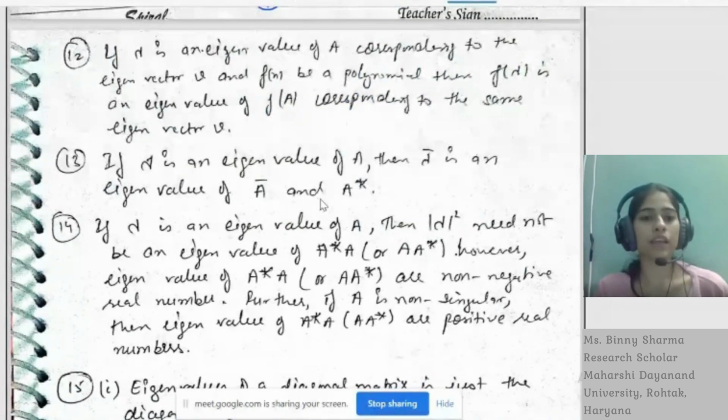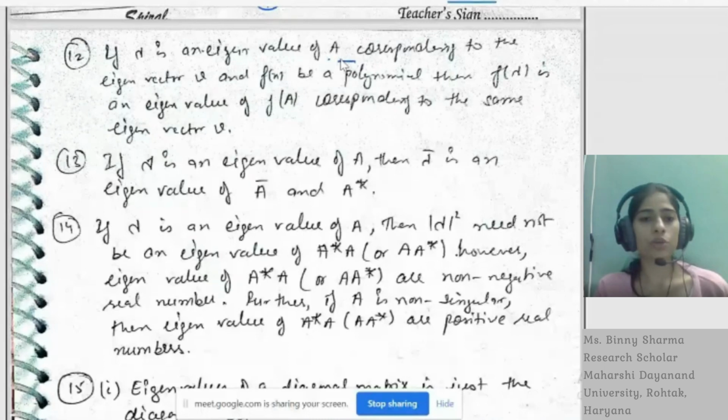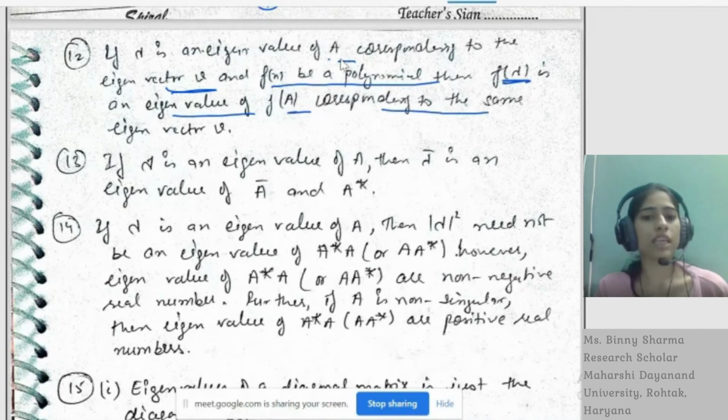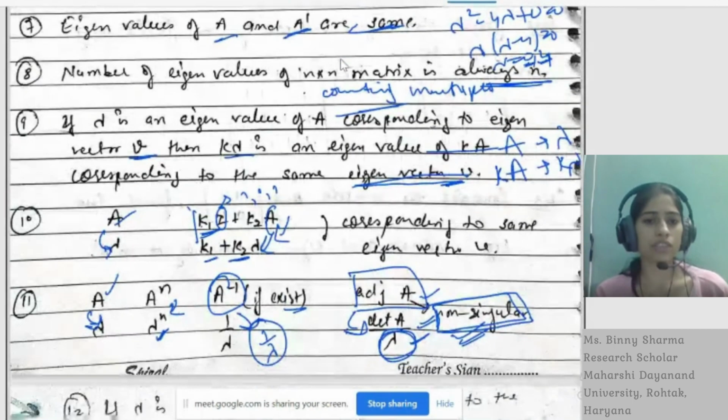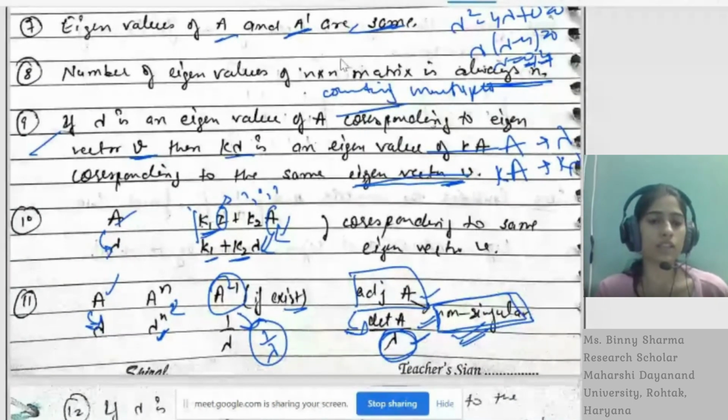12th, if lambda is an eigenvalue of A corresponding to the eigenvector V and f(x) is a polynomial, then f(lambda) is an eigenvalue of f(A) corresponding to the same eigenvector V. It's a general case of the 9th result.